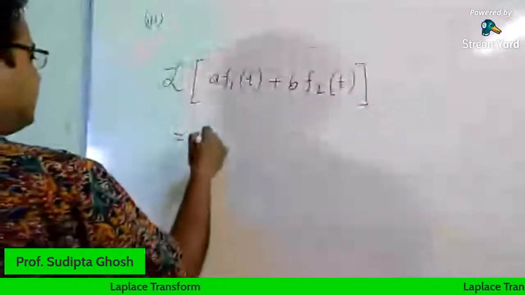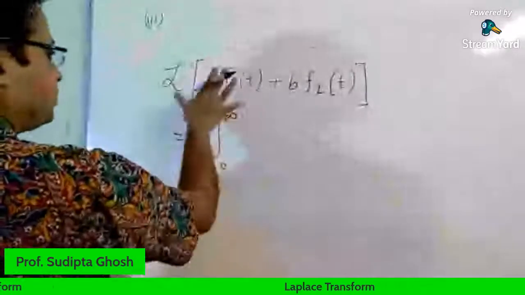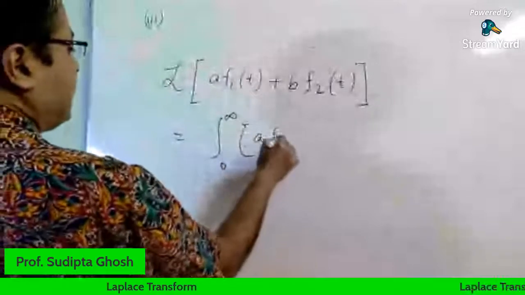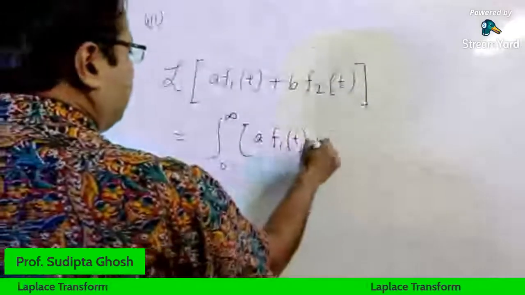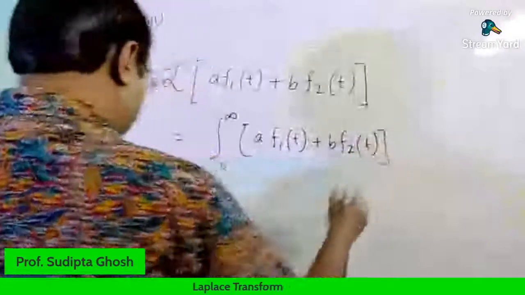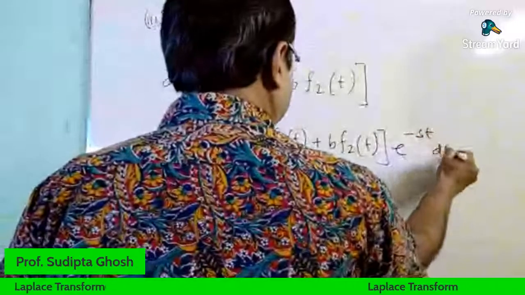It means you have to write 0 to infinity, so this is the entire function. You have to write a f1t plus b f2t, so this is the function itself, and then e to the power minus st dt.